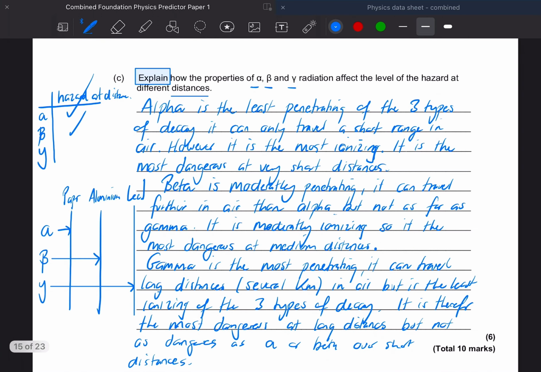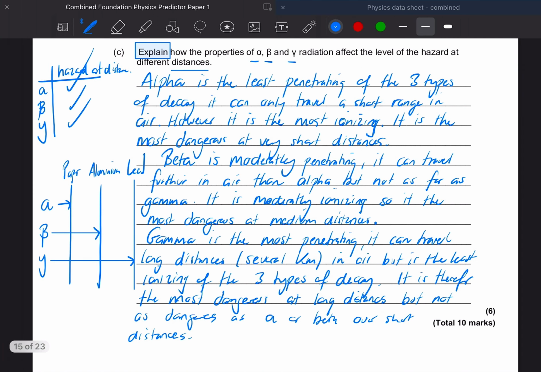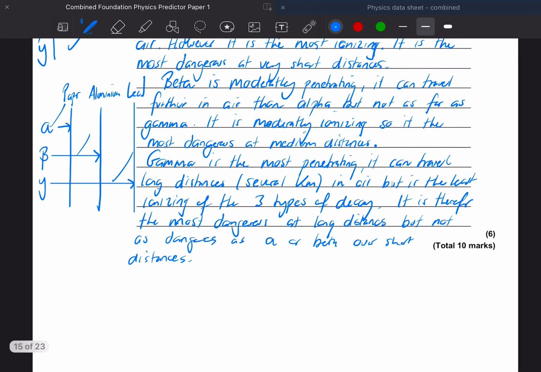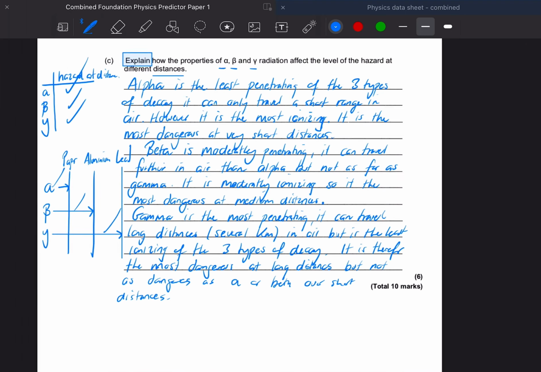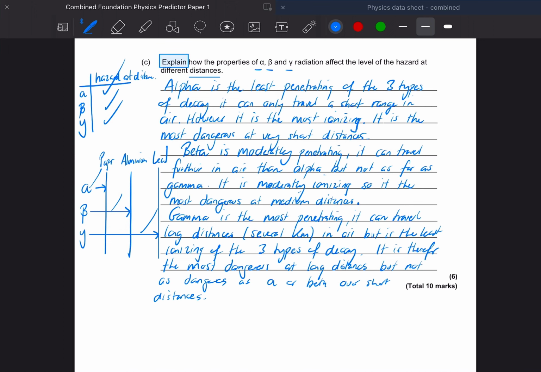All right, so I have talked about the hazards at a distance for each one. I have mentioned the penetrating power of alpha, beta, and gamma. I've also mentioned the ionizing power. All I need to do is read it back, and have I answered my question? So, alpha is the least penetrating of the three types of decay. It can travel a short range in air. However, it is the most ionizing. So it is the most dangerous at very short distances.